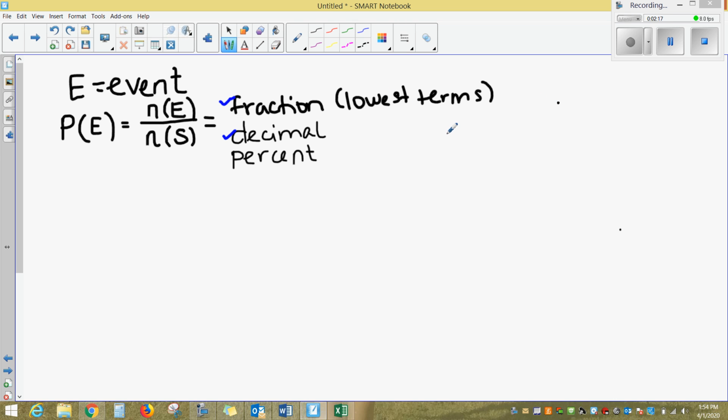Or if the fractions are weird, like 21 over 37, you can write that in decimal form unless you're asked to do otherwise. Just round it accordingly. Percents are things like the weather, or statistics for athletics. But most often fractions and decimals are what we'll use.